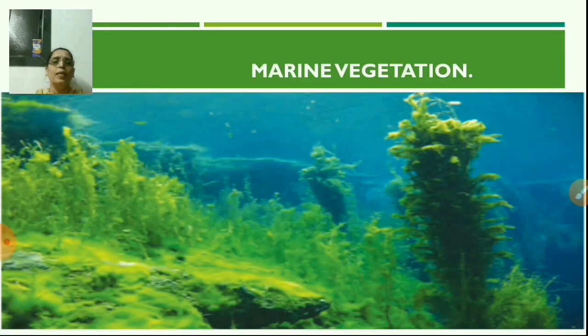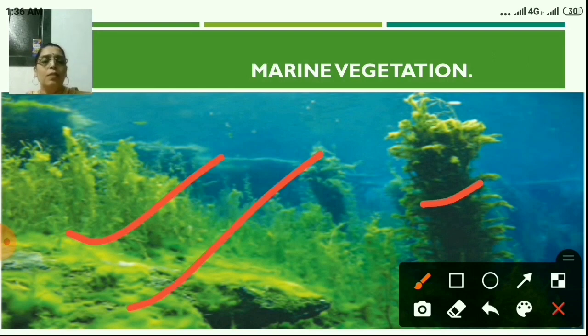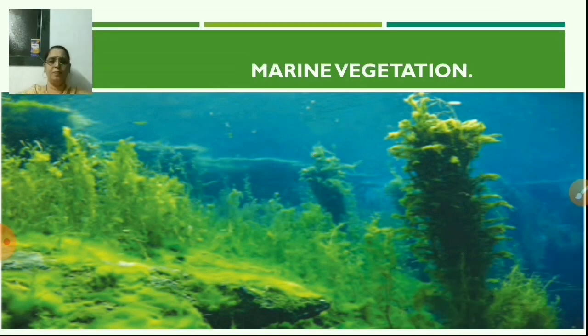Okay. So the next, this is a picture of aquatic plants, meaning marine vegetation. You can see here the plants under the water. So students, do you understand what is marine vegetation?